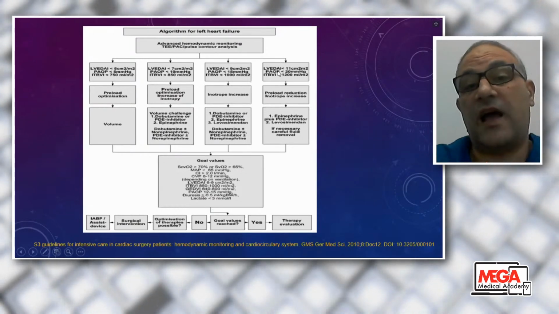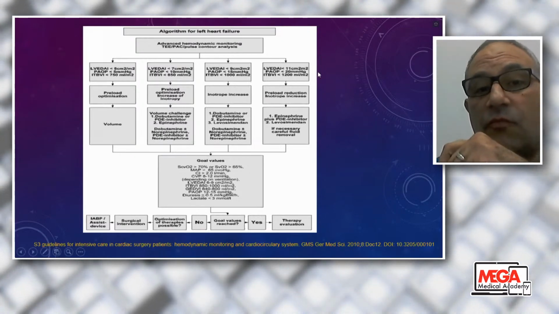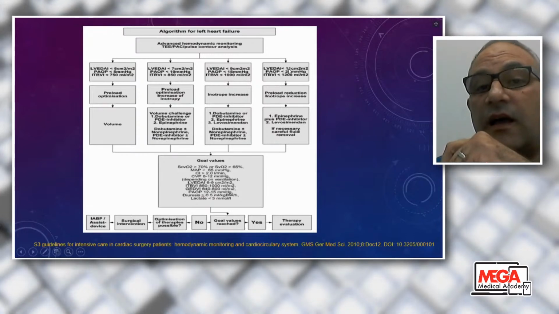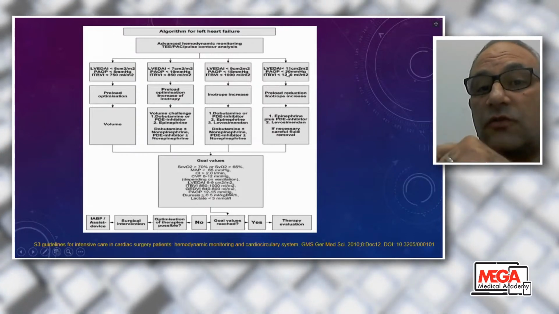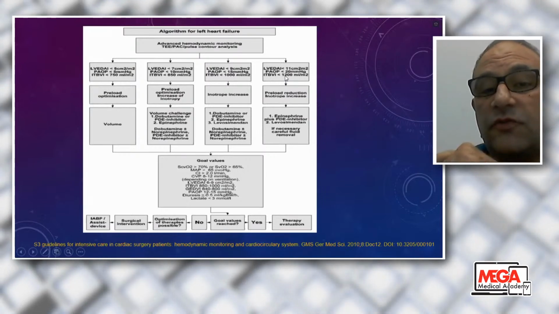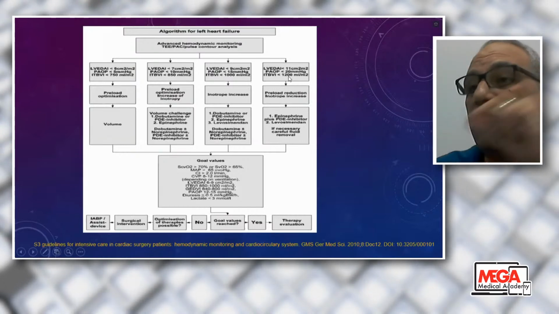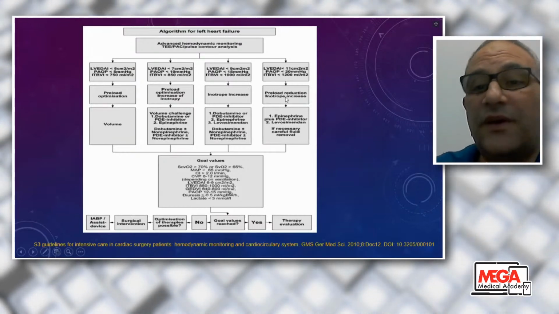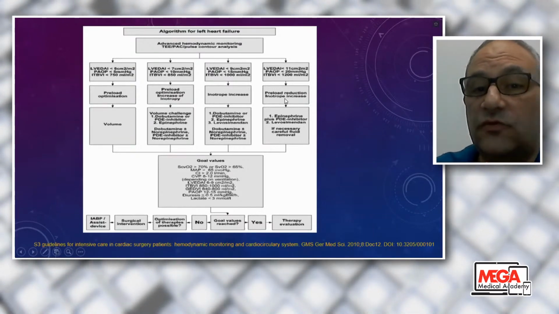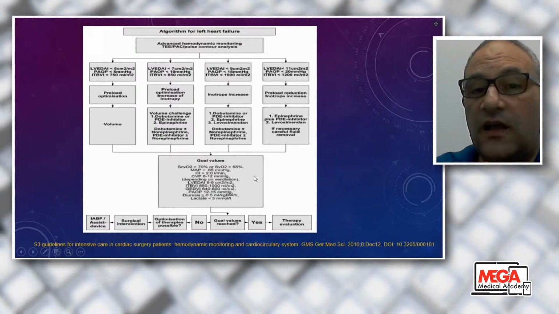But if I have a left ventricle end diastolic area index more than 9, or pulmonary occlusion pressure more than 15, and intrathoracic blood volume index more than 1,000, I have a hypervolemic patient, so I need a preload reduction. I will use inotropes and inodilators.